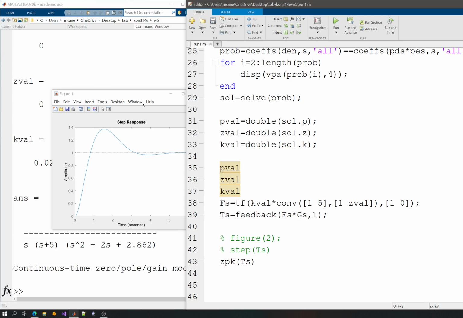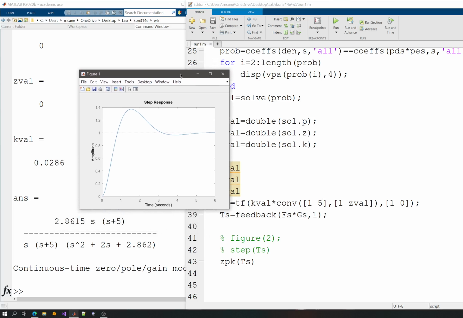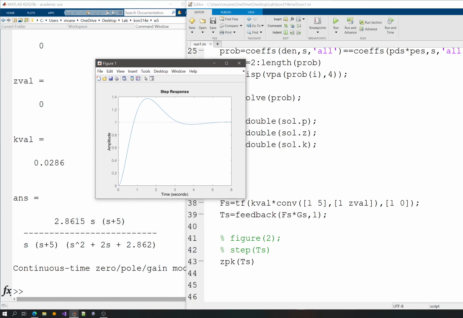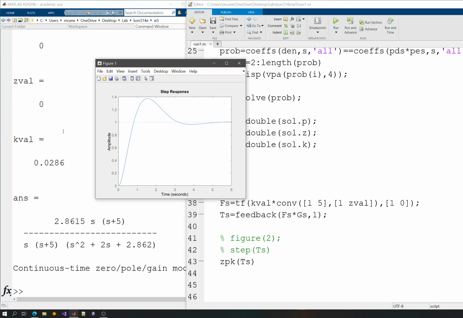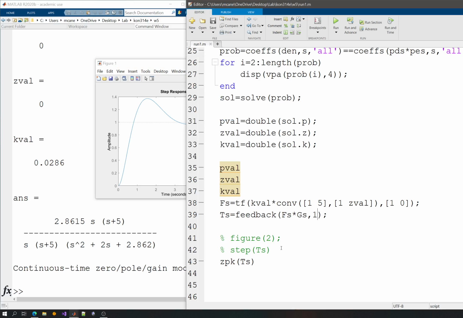Let's run this. Do we have a second figure? No, not at all. And it has a cancellation which I'm not happy about, and it has a p-val of 0, z-val of 0. We will see in a moment that this is not a good idea, but it looks good.